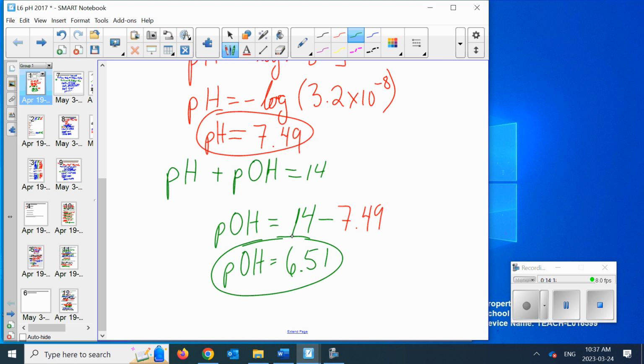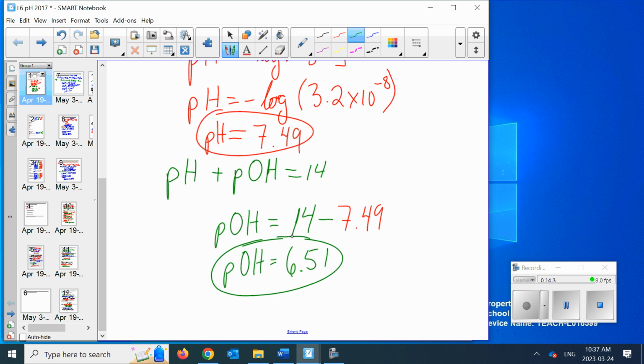The pOH scale would be the exact reverse. A smaller pOH, a pOH of 3, would be basic. A pOH of 9, higher than 7, is acidic.